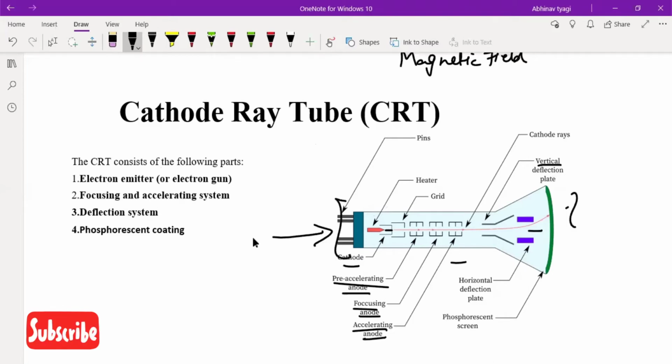This is the discharge tube. A stream of minute particles was given out by the cathode here. These streams of particles are cathode rays. This is the cathode ray. Then the mass and the charge of the cathode ray particles do not depend upon the nature of the gas taken in the discharge tube.